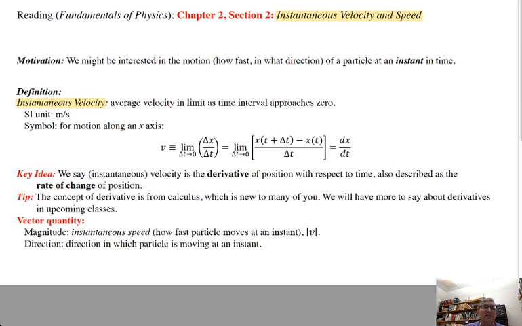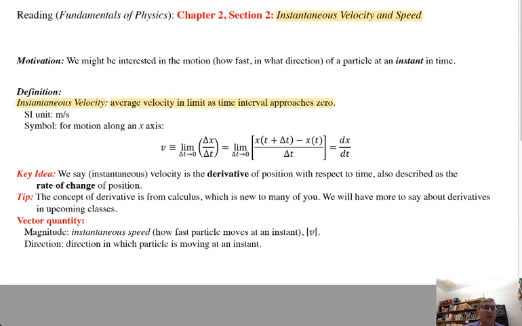In words, instantaneous velocity is defined to be average velocity in the limit as the time interval delta t approaches 0. But we mean that word limit in a very precise mathematical way, as you will be learning in your calculus class, and I'll get to in a moment. But instantaneous velocity is average velocity in the limit as the time interval delta t approaches 0.